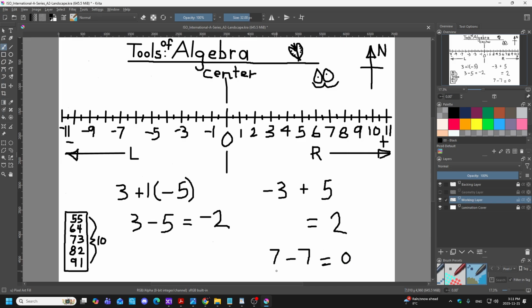Okay? If I go 7 subtract 8, well, with the logic that I'm trying to teach you here is, if you look at the bigger number, you can see the sign is negative, therefore our answer is also going to end up being negative, which is a -1. Okay?